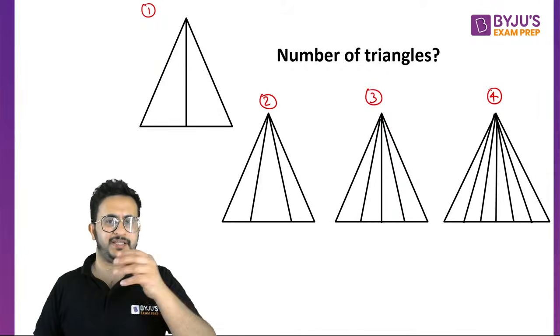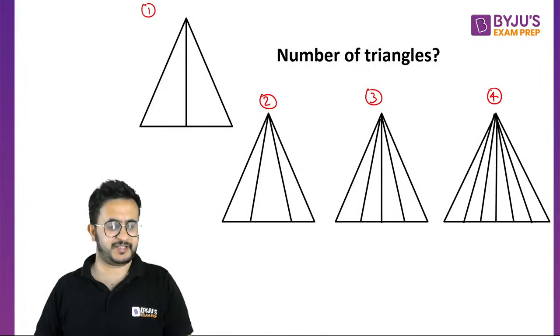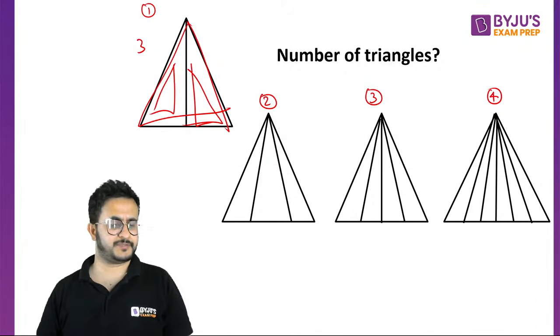At times you see the names of triangles given, where they mark the points A, B, C, D, E, F, G, and then say that these are the triangles. If you see, this is one triangle on the left hand side, one triangle on the right hand side, and one combined triangle. So there are three triangles.